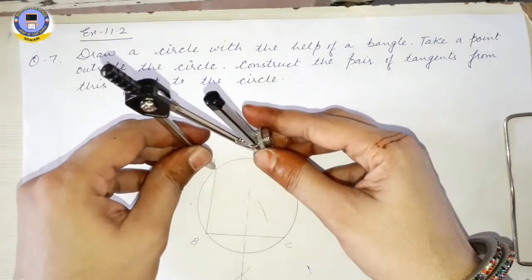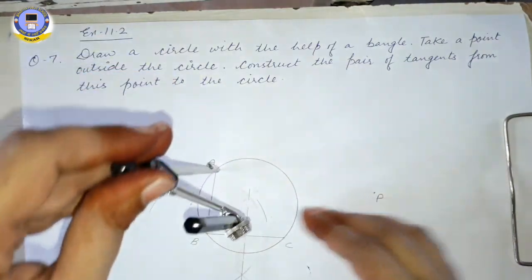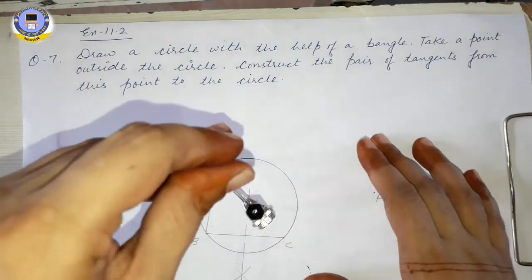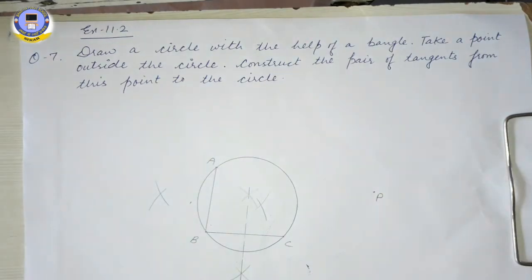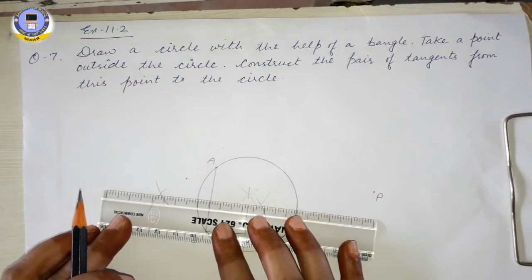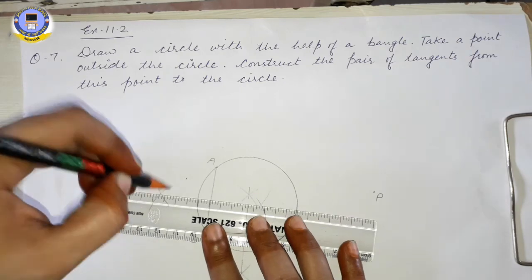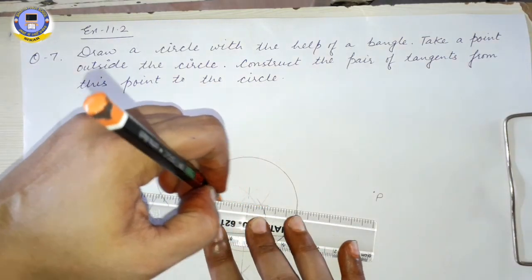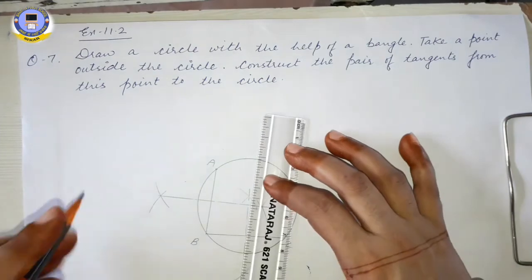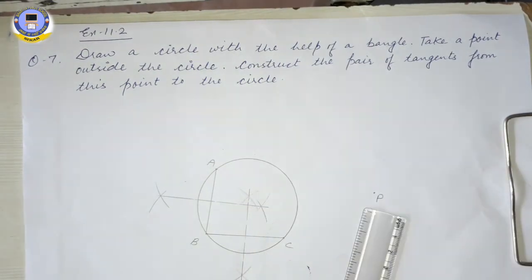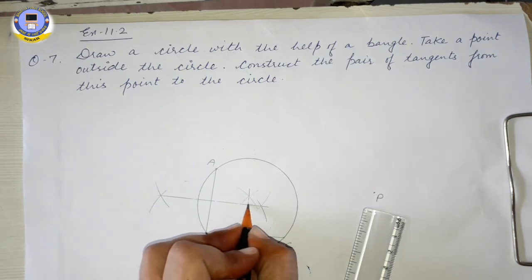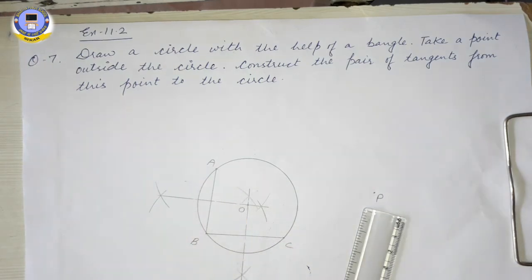Now taking A as the center with the same radius, cut an arc which will obviously cut the previous arc. Now join it with dotted lines. The point where both these perpendicular bisectors intersect each other, this point is the center of the circle. Okay, so in this way we got the center of the circle.